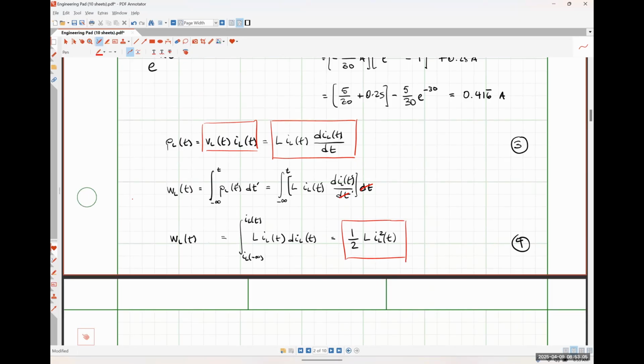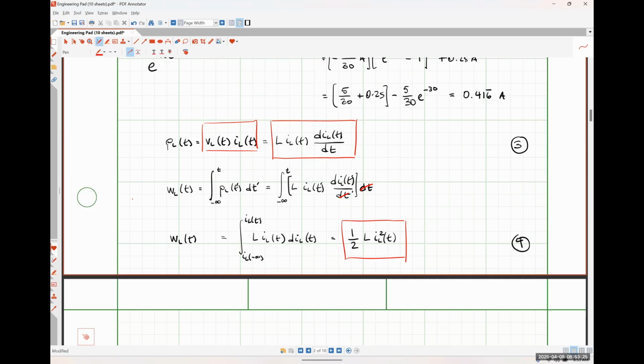So just to recap, equation 1 tells us what the voltage is if we know what the current's doing. Equation 2 tells us what the current is if we know what the voltage is doing. Equation 3 is just giving us the power, and equation 4 is just giving us our stored energy. Okay.